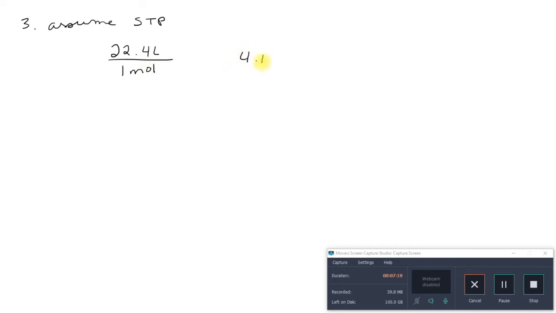Alright, so if we have 4.12 milliliters of hydrogen to begin with, first off, gases are usually in liters, so I'm just going to go ahead and do that. So we got that many liters of H2.